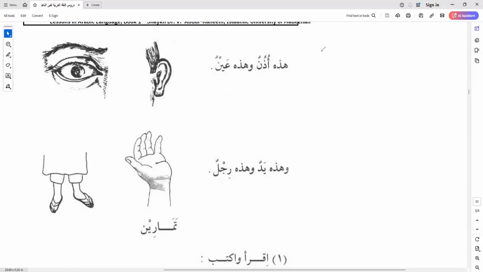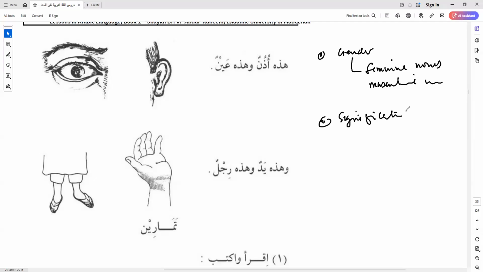Recap. We focused a lot on gender, right? We looked at feminine nouns in Arabic, and then we looked at the masculine nouns. And then we looked at the significations of gender.